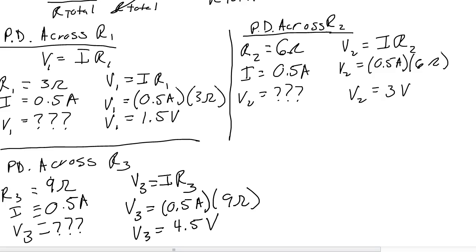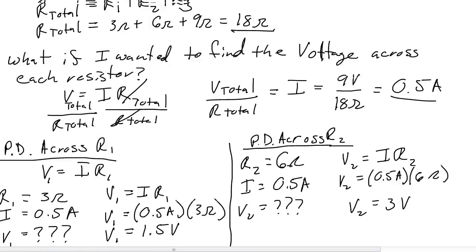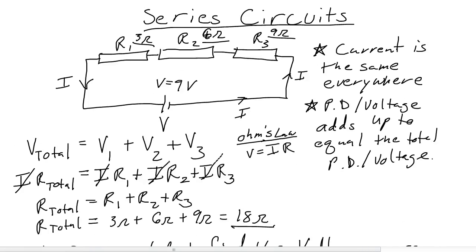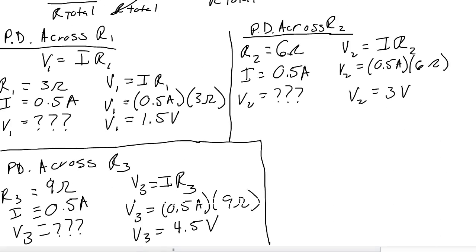Alright, so remember at the beginning of the video I said that the potential difference across all of these resistors is going to add to the total potential difference. So let's check that. So all of my resistors' potential differences should add to 9. So let's see if I get that. So V total should equal V1 plus V2 plus V3.